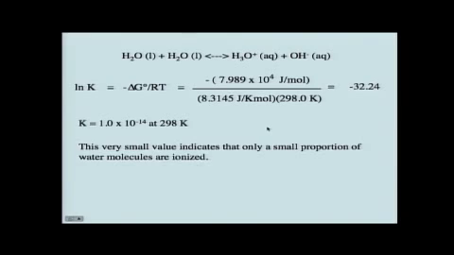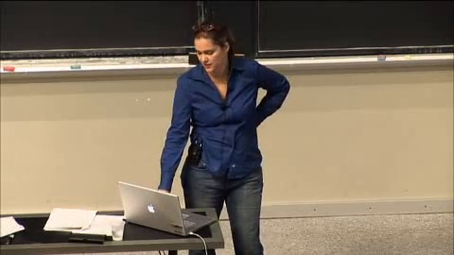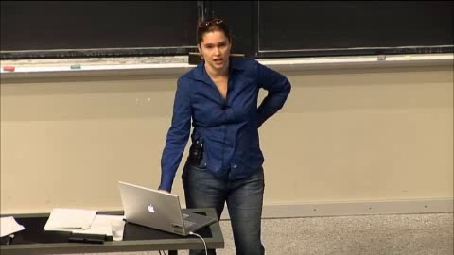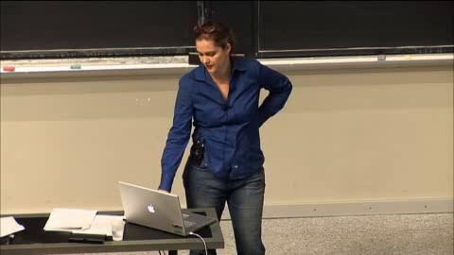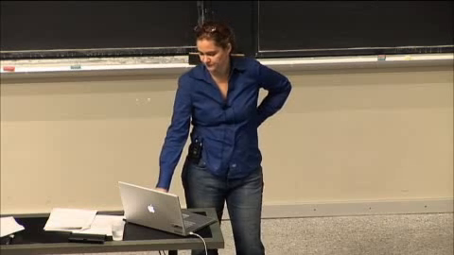So the very small value indicates that only a small percentage of your H2O has ionized, and that mostly there's H2O in a glass of water, not so many ions. Not many of the molecules have ionized because K is a small number, not a lot of products at this equilibrium. So there's a lot of H2O in a glass of water.